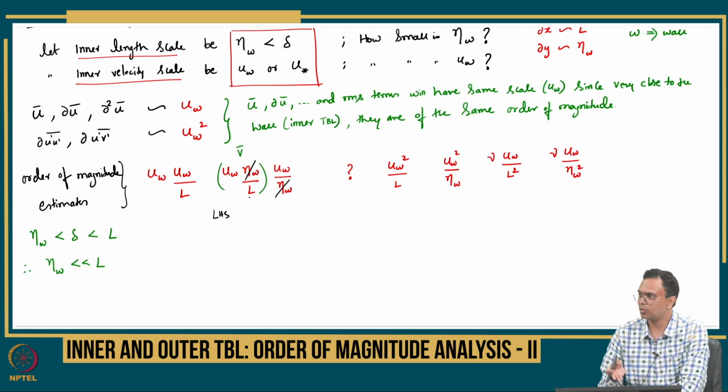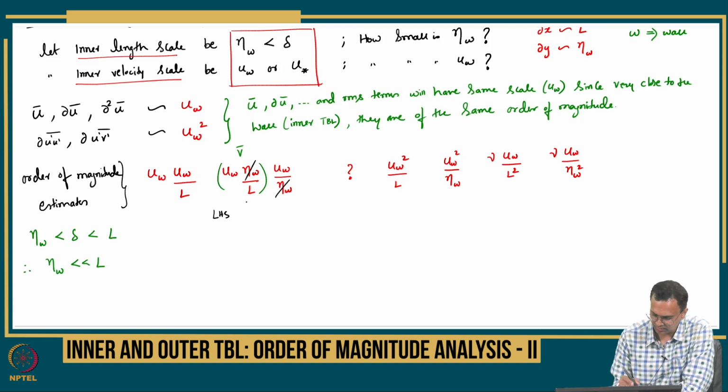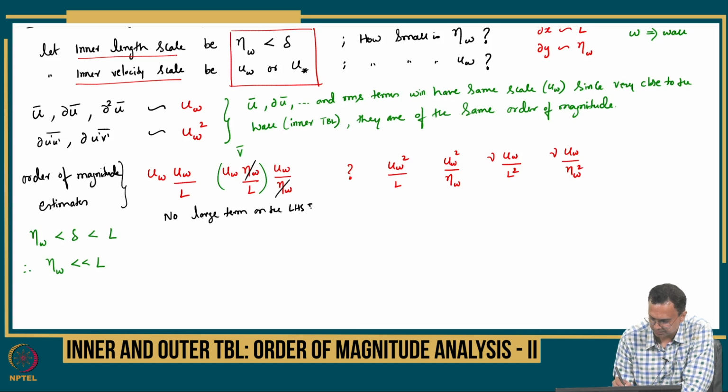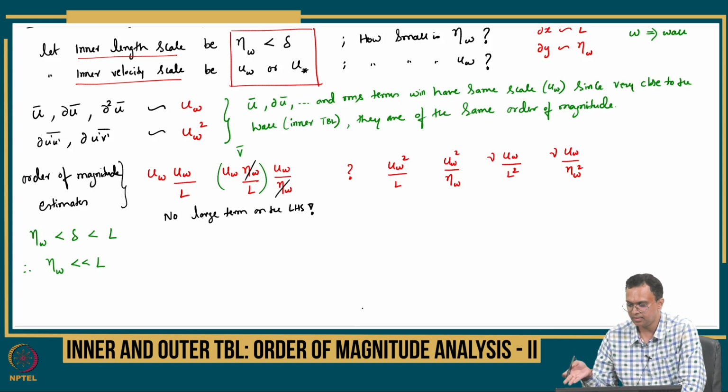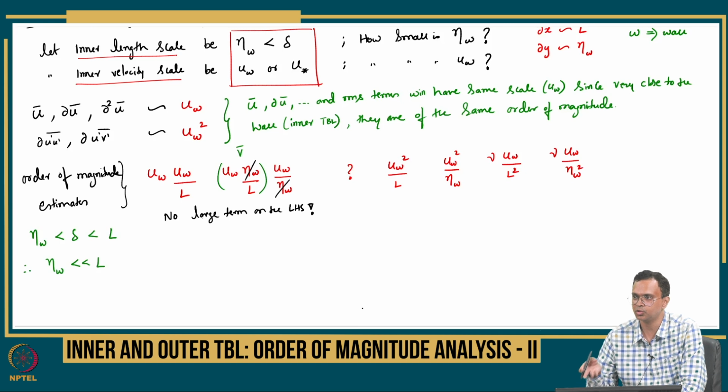So we don't know on the left hand side which is the largest term, right? So on the LHS, we can say no large term. Both are of the same value. And the objective of this entire inner turbulent boundary layer is to save at least one viscous term, right?